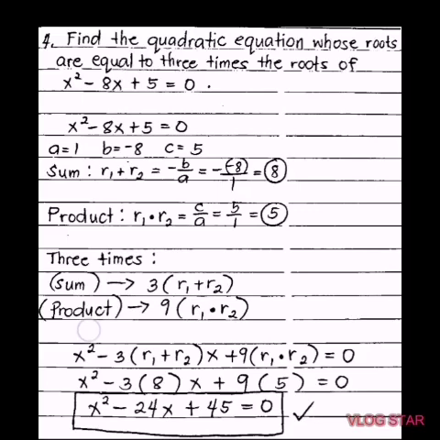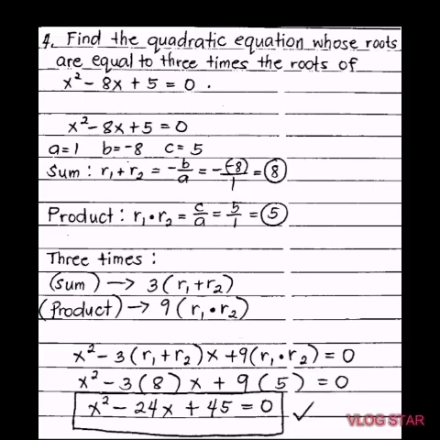And then for the product, we have to double it. So, 3 times 3 is 9. The 3 times the product is 9. So, if it is 3 times, always use 3 for the sum and 9 for the product, times the representation of the product, which is r sub 1 times r sub 2.